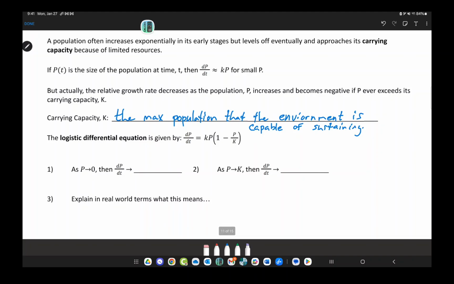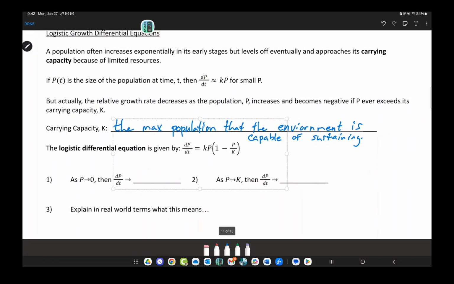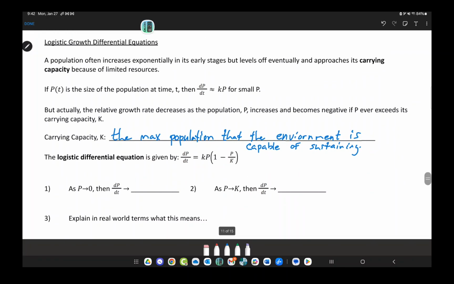All right. Now, as P approaches 0, then dP/dt approaches, which again would be 0, because P is approaching 0.